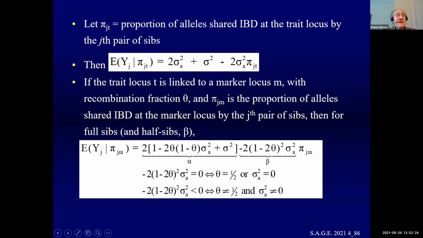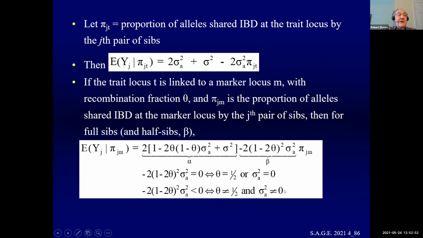So if it's 0, either you're far away or you have no additive genetic variance there at the marker. This is because this allows for the fact you're at the marker, not at the trait locus. On the other hand, it is less than 0 if and only if theta is not equal to a half and there's additive genetic variance.